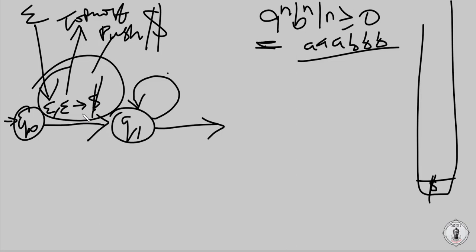The only thing that will make it leave state Q1 is if I receive anything other than a, and that should definitely be b. If it is not a b, it is sufficient to say that whatever word w is, it has failed this test, and so the word has been rejected.